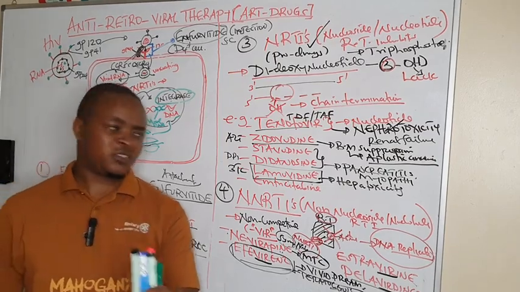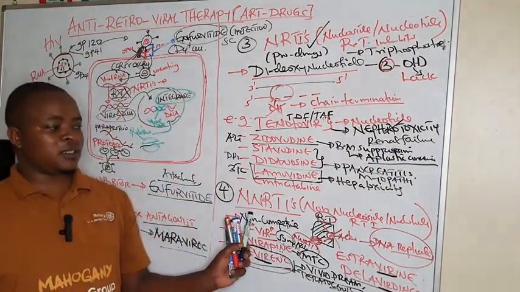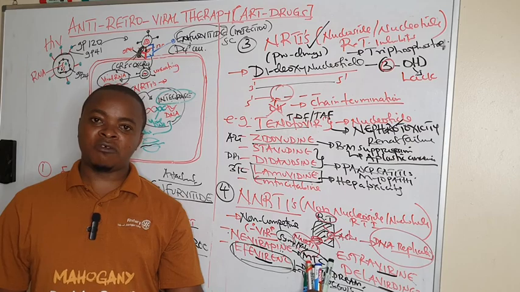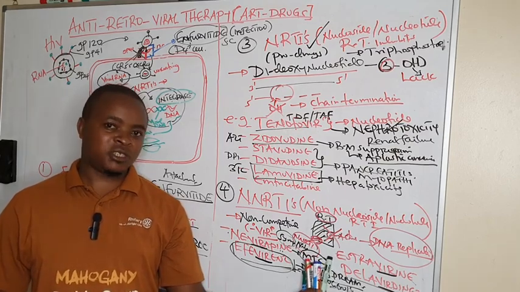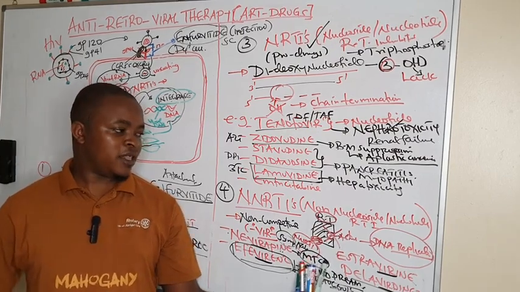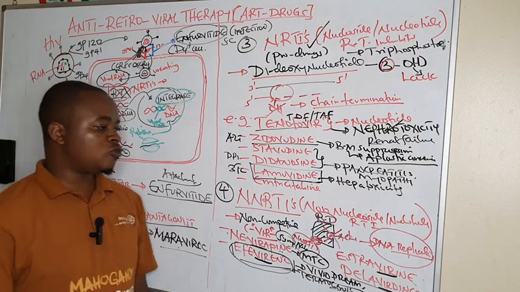But another thing to tell you about these NRTIs, you see this non-competitive inhibition of reverse transcriptase is risky. So they are not as effective as others, and they have been replaced with dolutegravir.